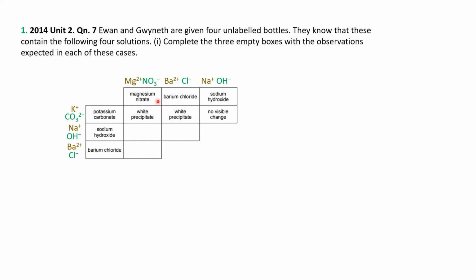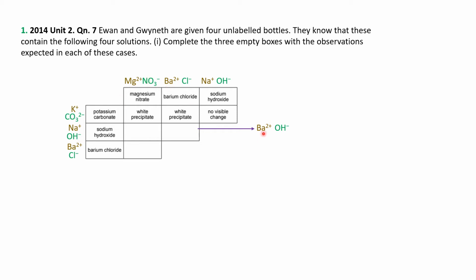Because of course, with very few exceptions, when you mix together 2 ionic compounds, what you're interested in is the cation of one going with the anion of another. So let's look first of all at this box here where we've got Ba2+, Cl-, Na+, and OH-.